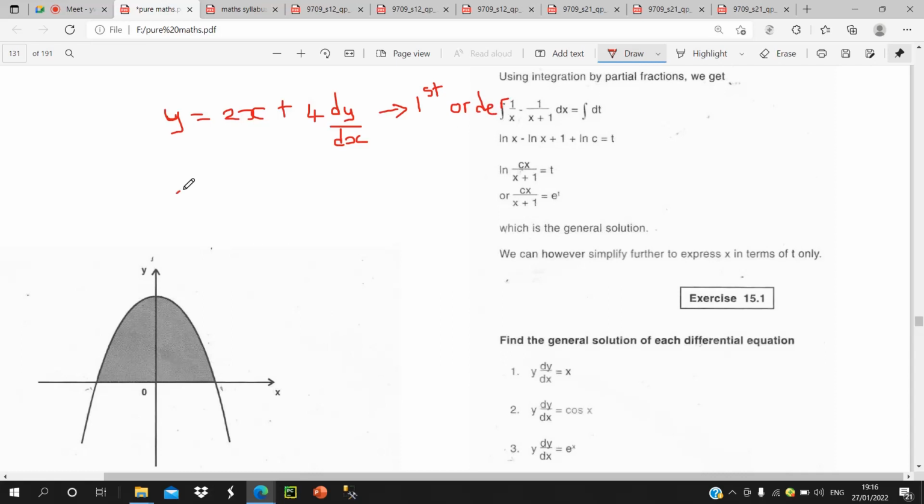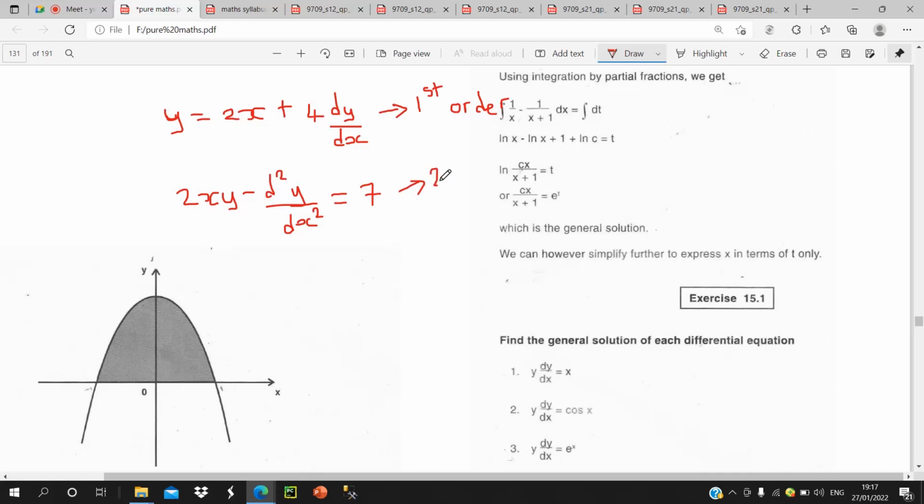And suppose maybe you are given 2xy minus d squared y over dx squared is equal to 7. Right, this one we now have the second derivative. So we refer to this as a second order differential equation.